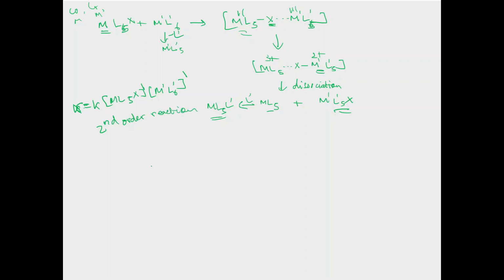Whereas in the outer sphere mechanism, we have ML6 and M'L'6. Here also we get the same product after that, but here the bridging ligand is not present.